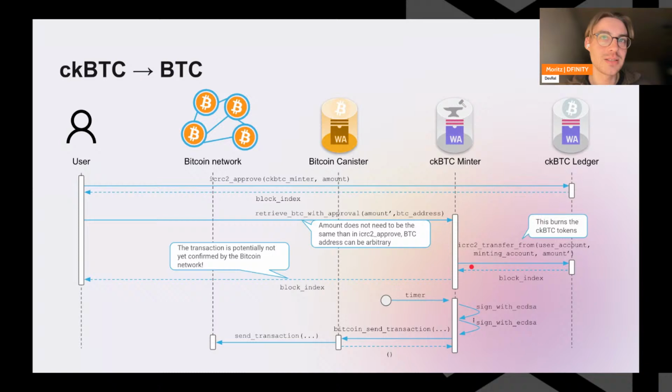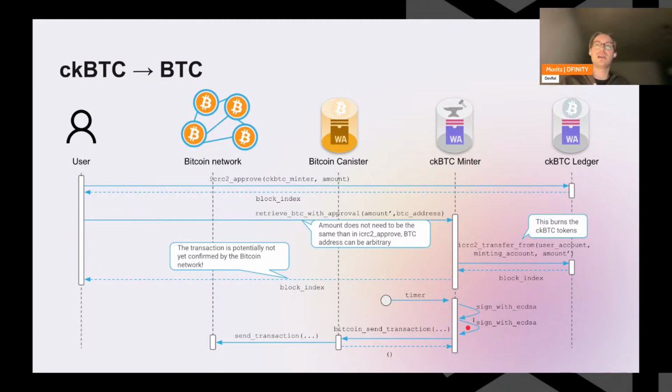But it doesn't, because that wouldn't really scale well. It doesn't, for every tiny dust that someone wants to withdraw from ckBTC to BTC, send it to them. It actually aggregates them, right? So on a timer, it checks, let's say, every 10 minutes who wants to withdraw from ckBTC to BTC.